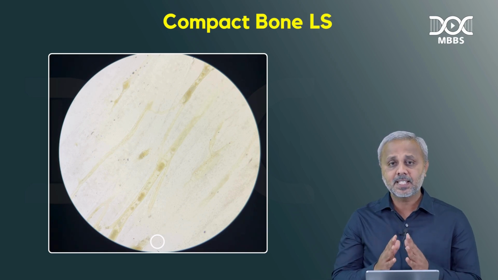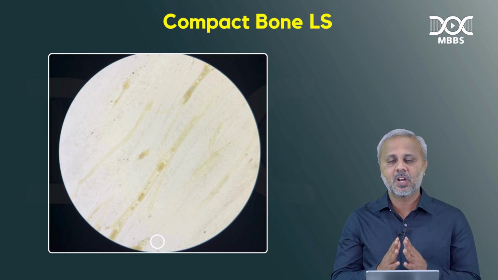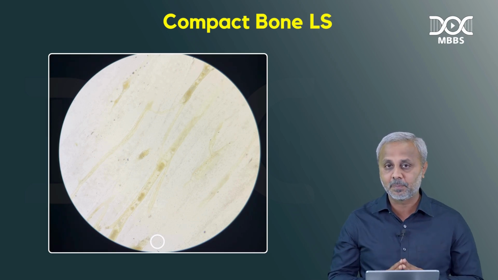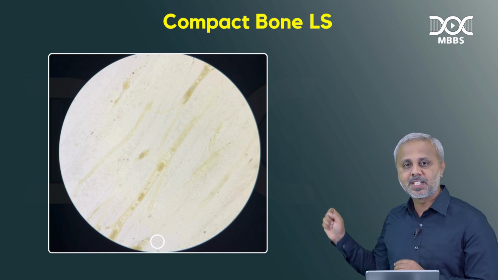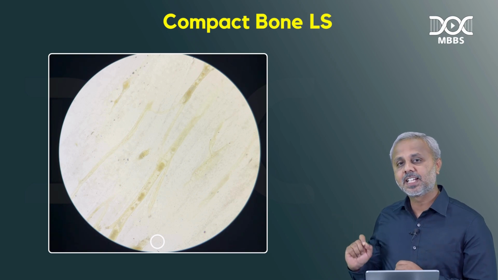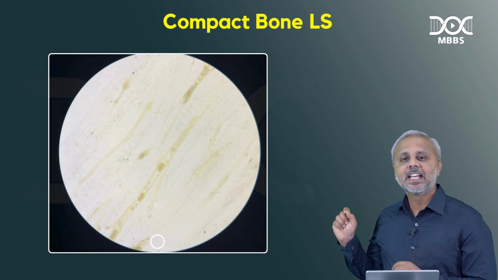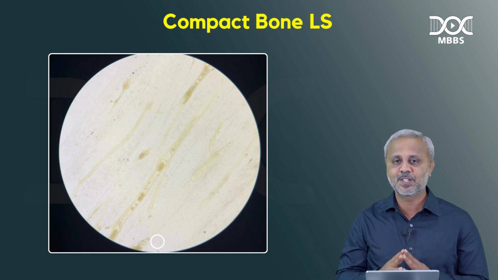This is possibly the longitudinal section of a compact bone because we can see the entire extent of the Haversian canal in the center of the Haversian system.